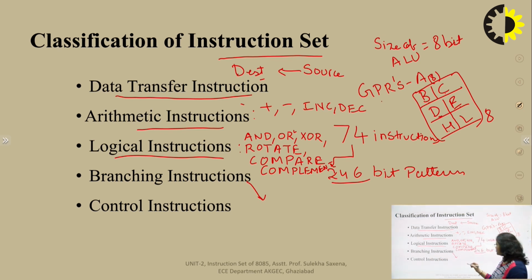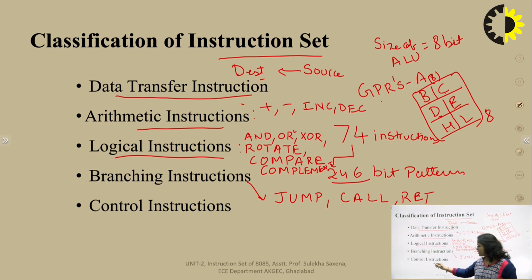To change the sequence of execution, we use either jump or call. When we have to change the sequence of execution within the same program, jump is used, and when we have to jump from one program to another program, the call instruction is used. And with call, to come back to the main program, the return instruction is used.